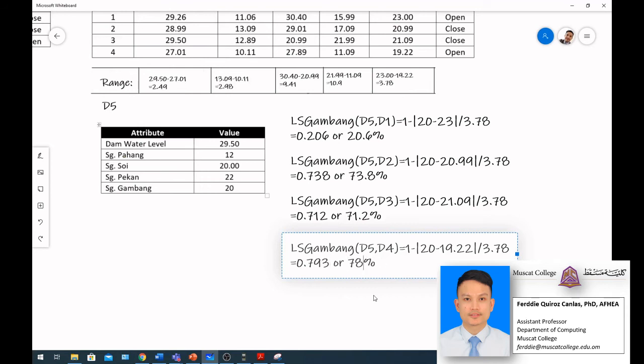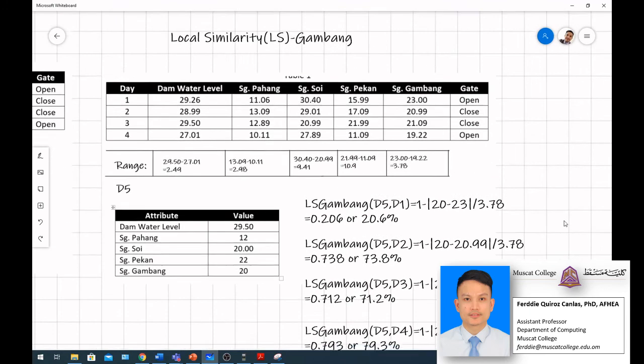So it should be 79.3%. Okay, so this is it. Thank you, Najla, for Gambang.